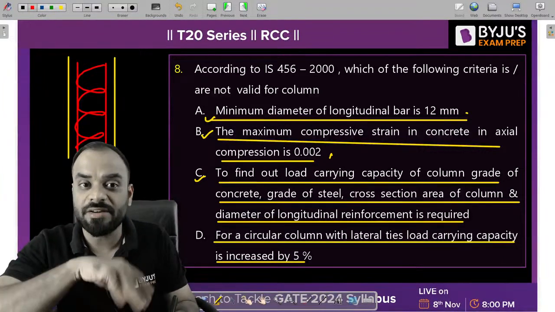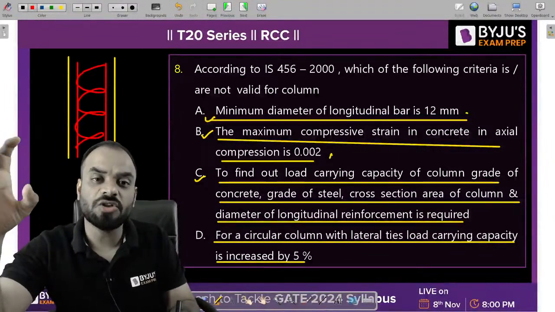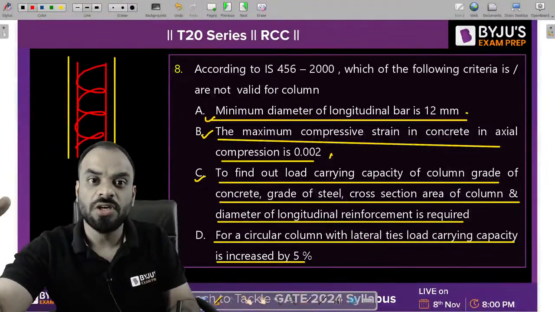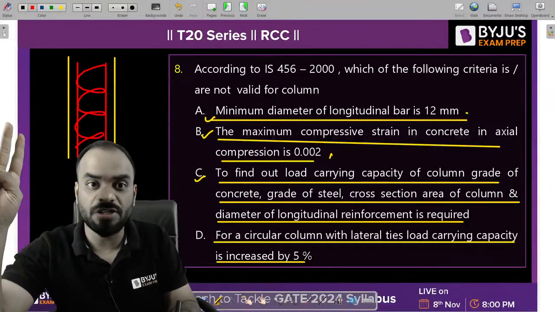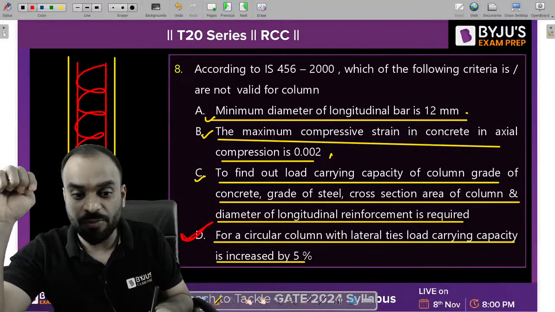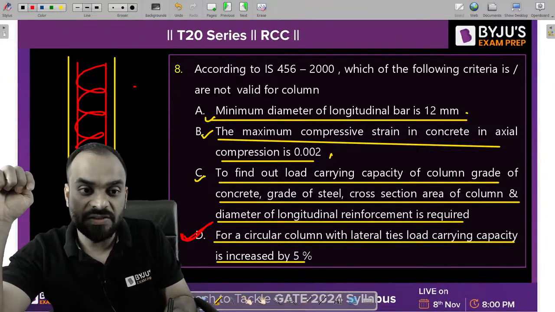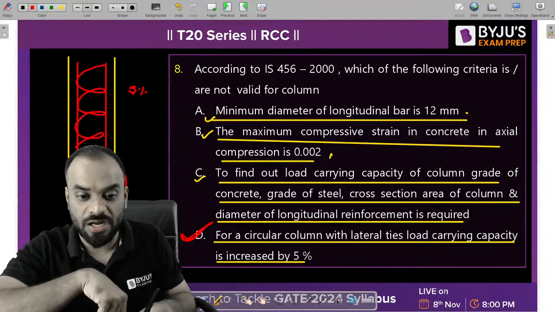Otherwise, if you have lateral ties only, the same formula should be applicable to calculate the load carrying capacity of the column. In that case, you don't have to increase the value by 5%. That's why, guys, D is the correct answer for the problem, right? With helical reinforcement we need to increase the value by 5%, but in this particular case, we don't have to.